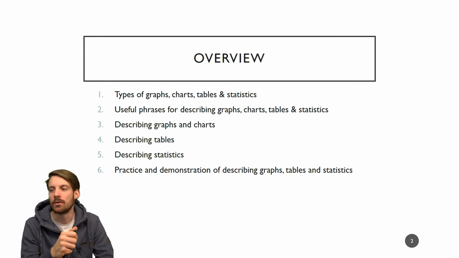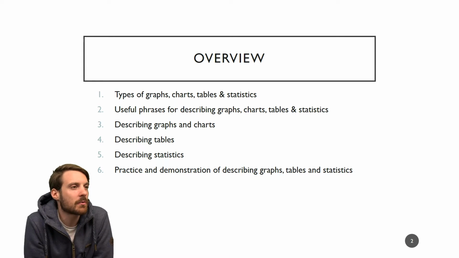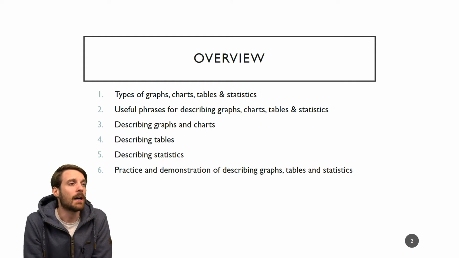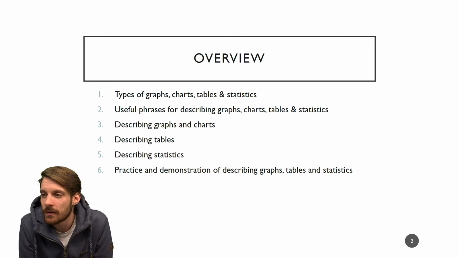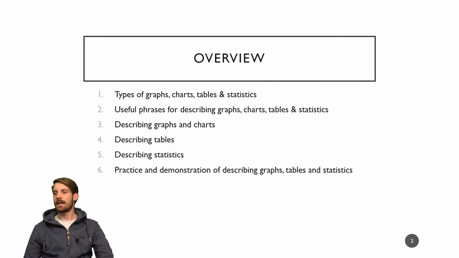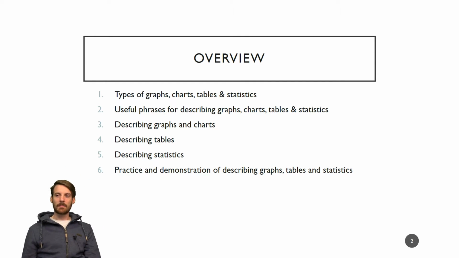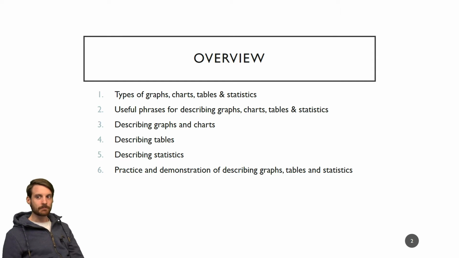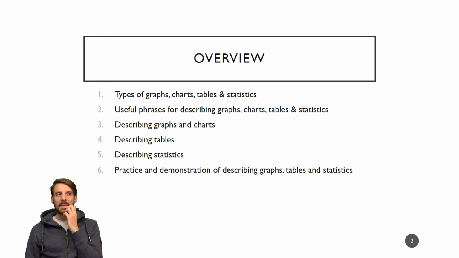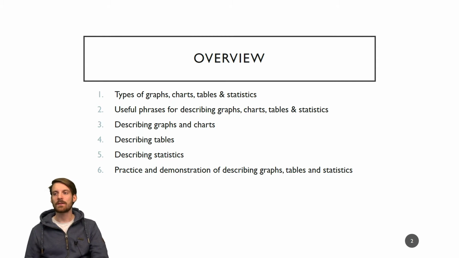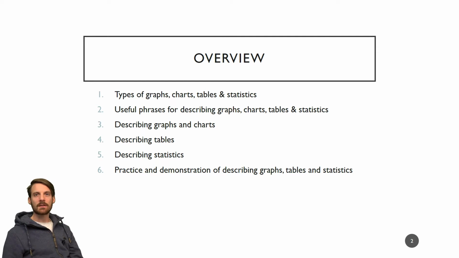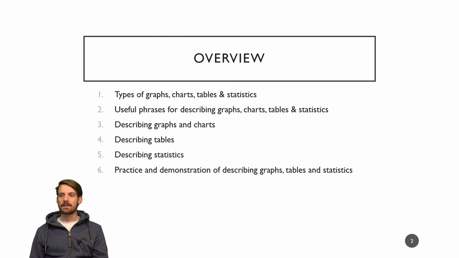We're gonna look at the overview of today's stream. I've structured it as follows. We're gonna first have a look at types of graphs, charts, tables, and statistics. Then I'm gonna show you some useful phrases for describing graphs, charts, tables, and statistics.